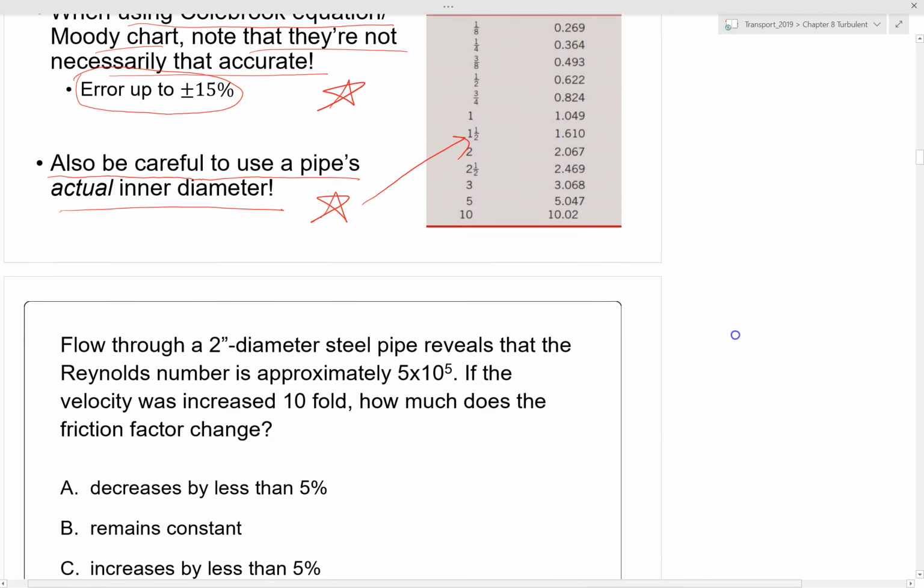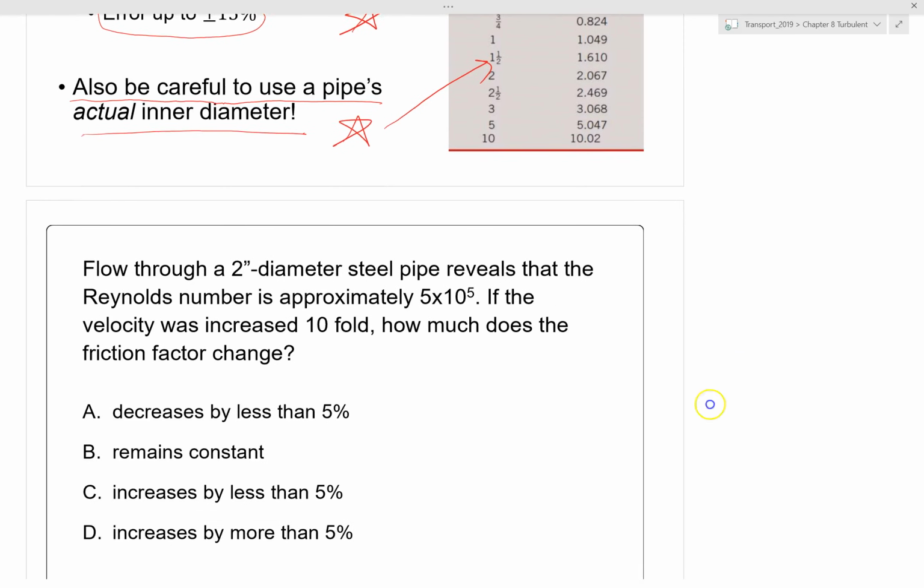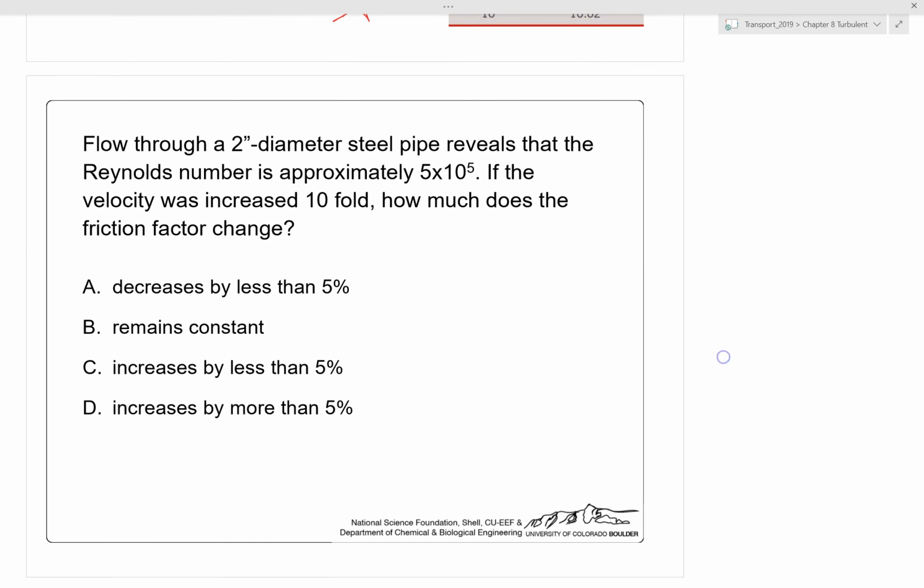Okay, now let's try to do a quick multiple choice problem using these empirical relationships that we just understood. Flow through a 2-inch diameter steel pipe reveals that the Reynolds number is approximately 5 times 10 to the power 5.